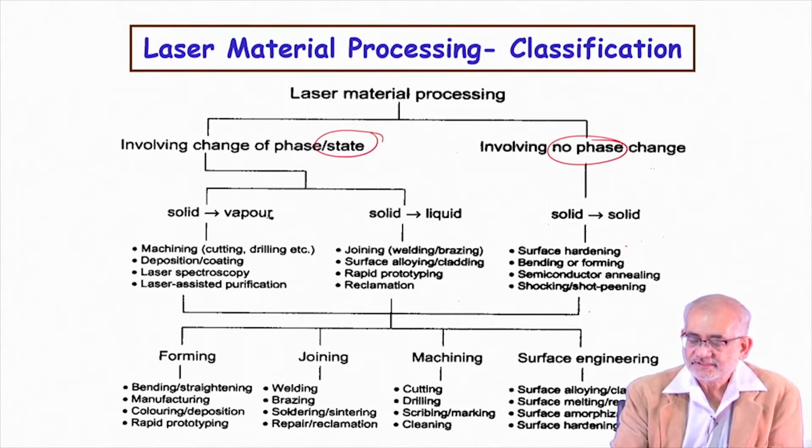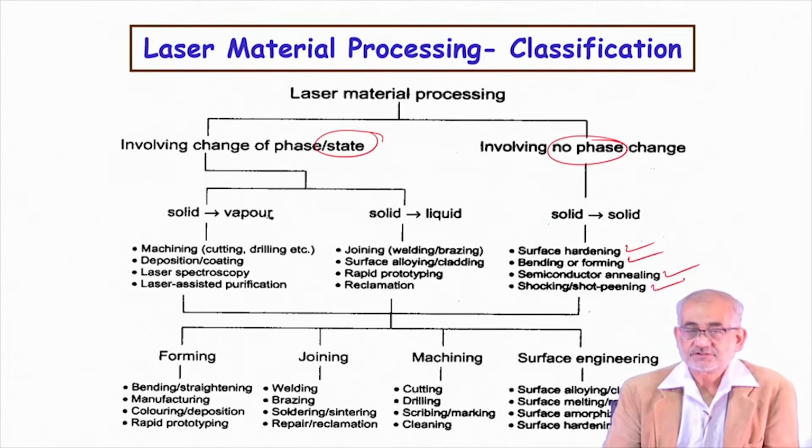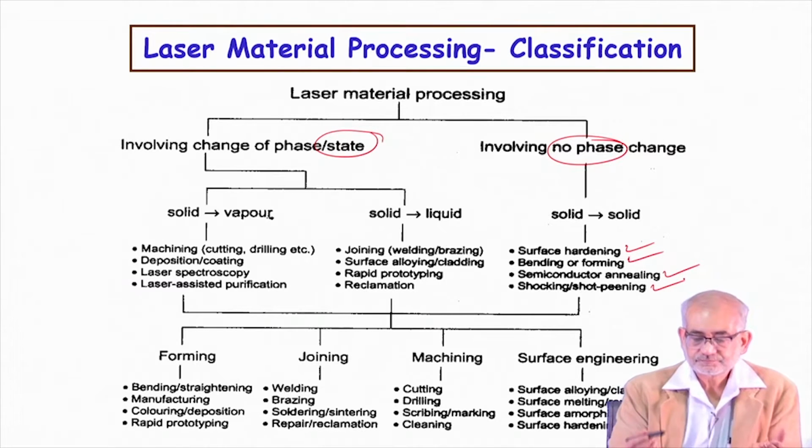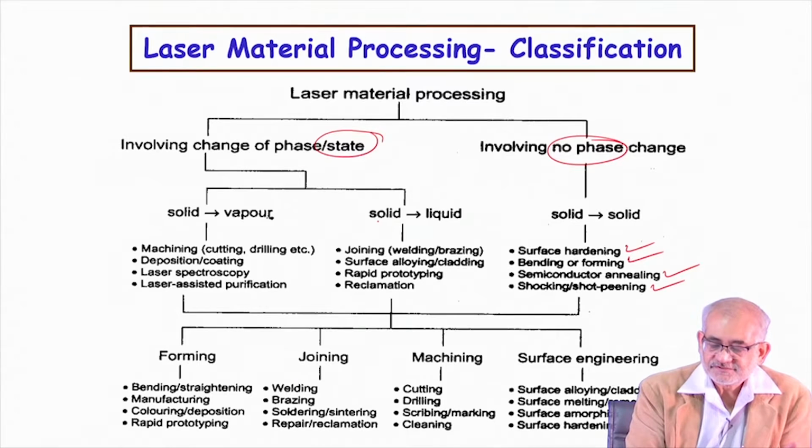That kind of application could be surface hardening, bending or forming, or semiconductor annealing, even laser peening or laser shock peening, and so on. Otherwise, we may see a change of state and reverting back into the original state. So solid to liquid, then coming back to solid.